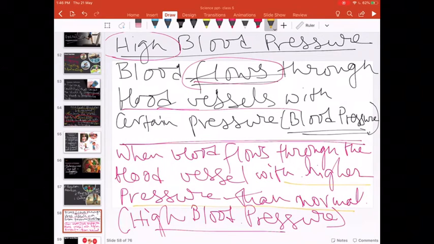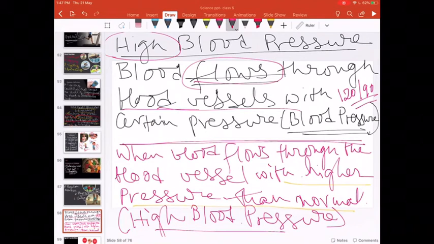Now students, it has been seen that generally in an adult, 120 by 80 is considered to be a normal blood pressure. Okay, it's ideal between 120 by 80 to 120 by 90.